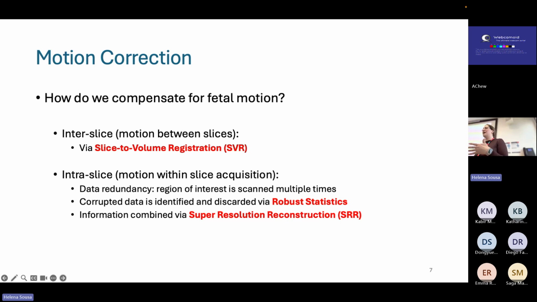Because we've done multiple stacks of the same area, hopefully we've caught enough of the detail about each of those sections to be able to reconstruct it. We try to identify and discard any anomalous data caused by motion using our robust statistics. And then we combine all the information within the stacks using super resolution reconstruction. And we're going to focus particularly on slice to volume registration and super resolution reconstruction in this next section.